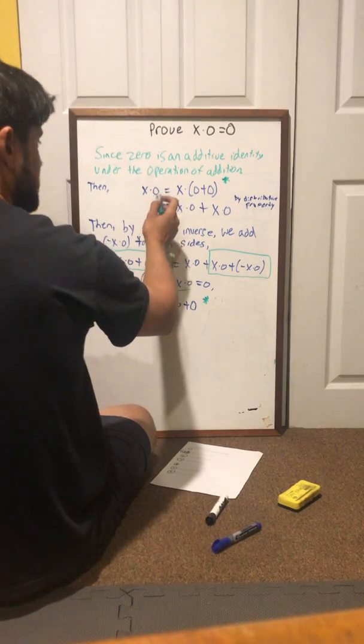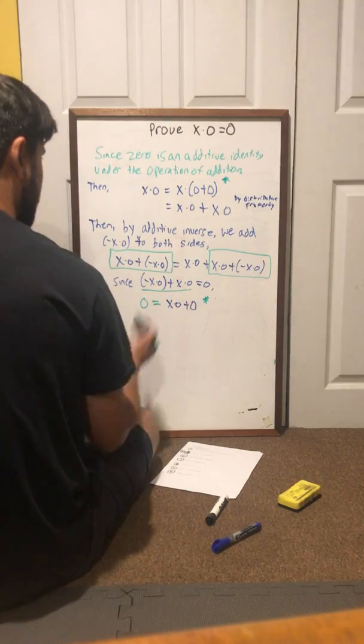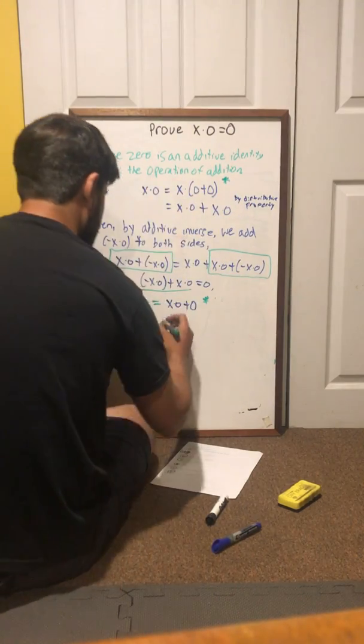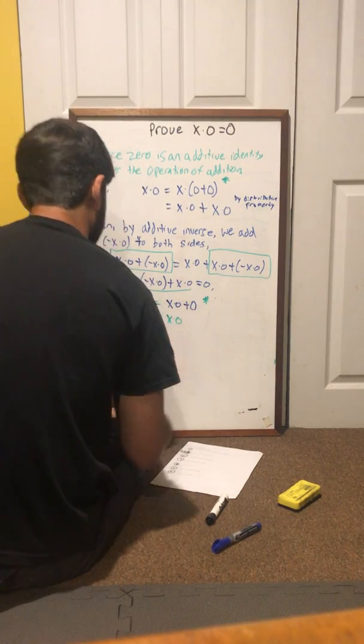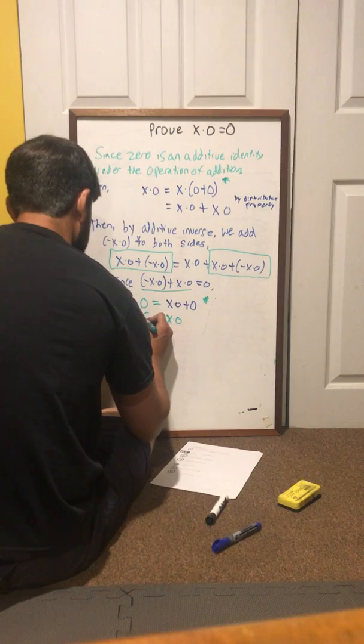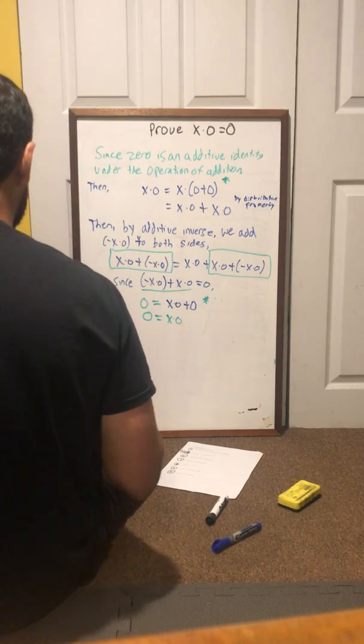So we said x times 0 equals x times 0 plus 0, all right? Exactly what we have here. So we're then going to substitute in, equals x times 0. And that leaves us, bringing this down again, that 0 equals x times 0, okay?